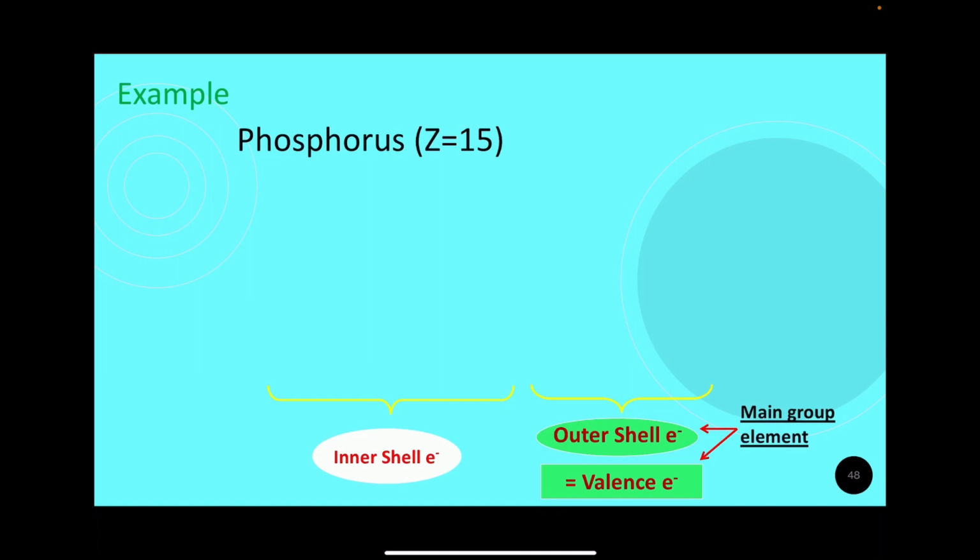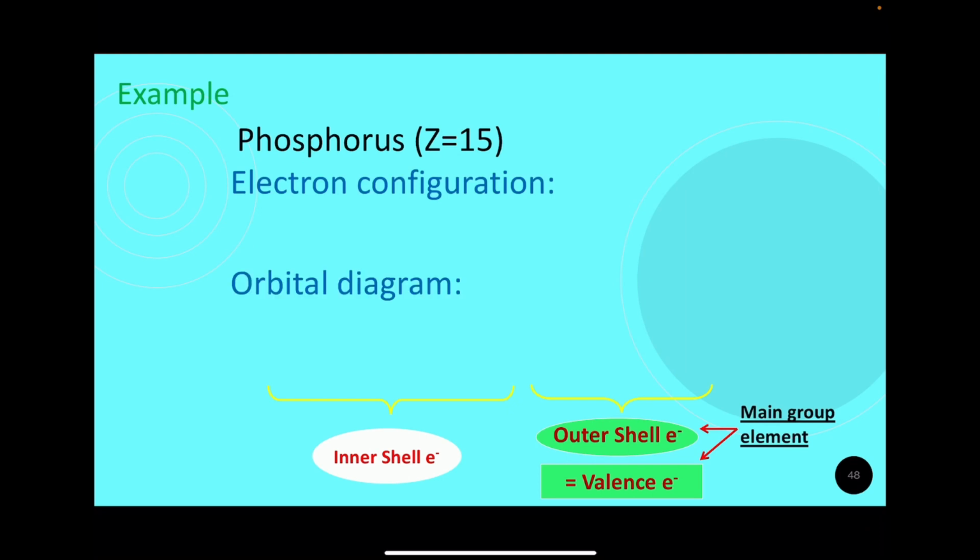Example here. Okay, for example, let's say kita ada phosphorus, electron configuration for phosphorus is 1s2 and so on lah, neon 3s2 and 3p3. Then kita draw the orbital diagram for phosphorus.